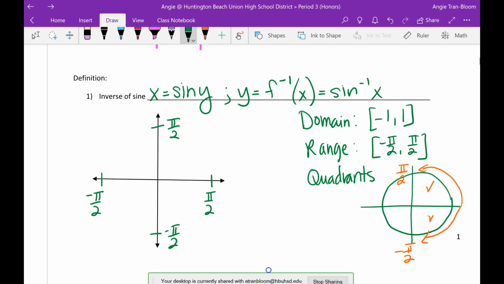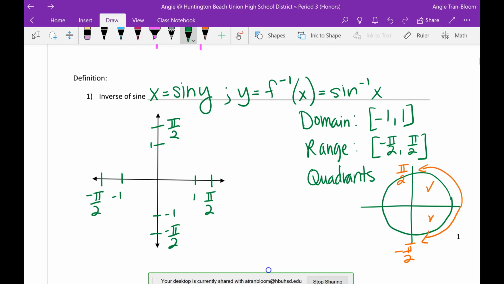About 2/3 of the distance. Pi over 3 is about what in decimals? About 1.5, right? Because pi is about 3.14. Can we agree? Divide by 2. So it's like 1.5-ish. So if I make a tick mark for 1, can I go about 2/3 of its distance? Would that be okay to do?